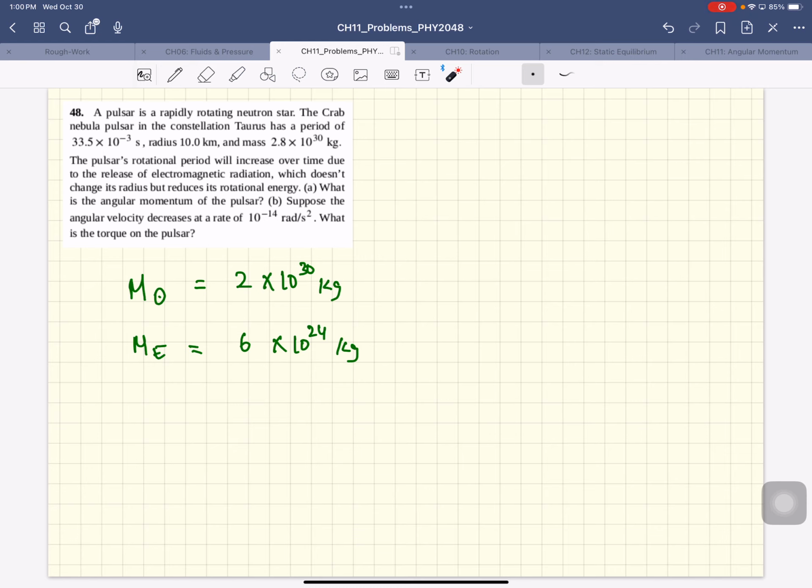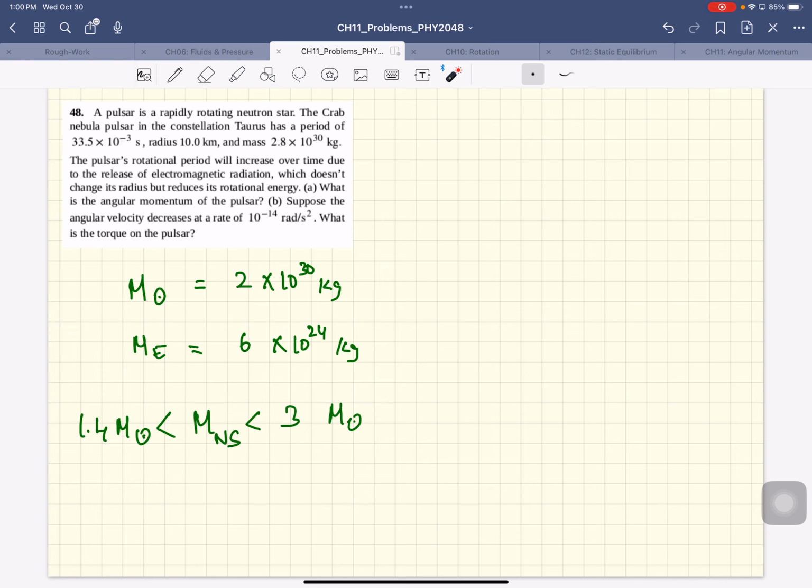A star can become a neutron star if its mass is between 1 and 3 solar masses.